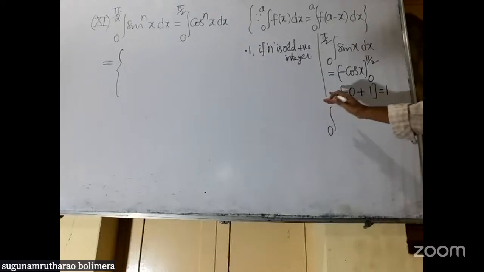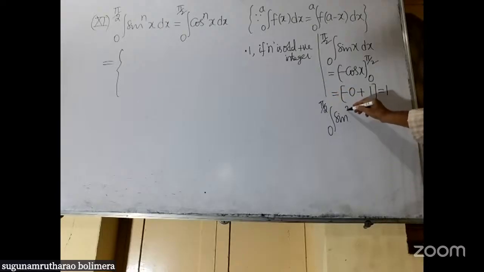Integral 0 to pi by 2 sine cube x dx. Here what I am doing is using sin 3x equals 3 sin x minus 4 sine cube x. I'm using this now here.